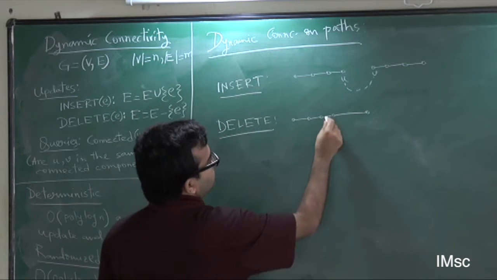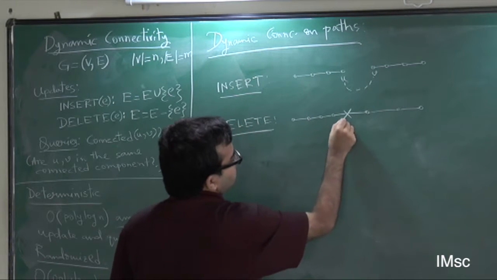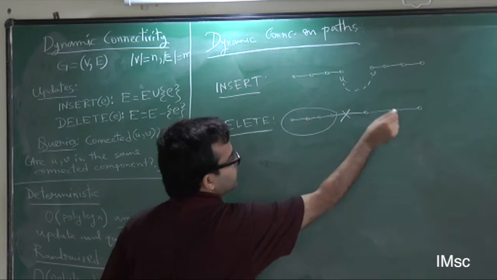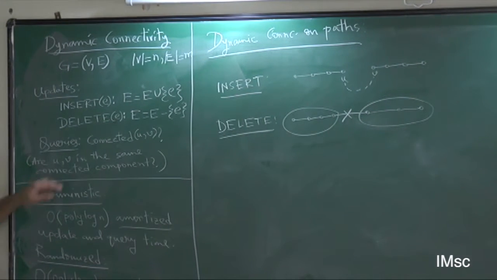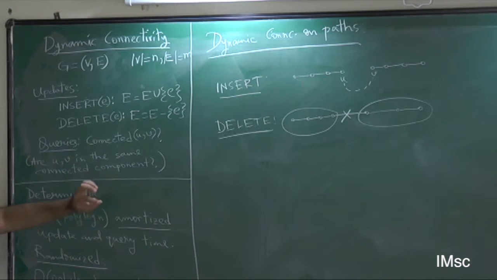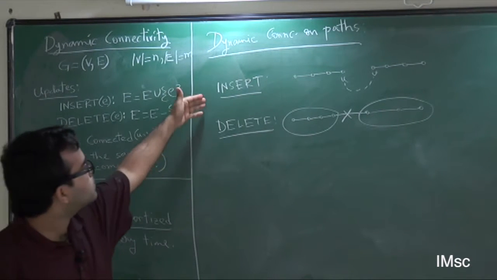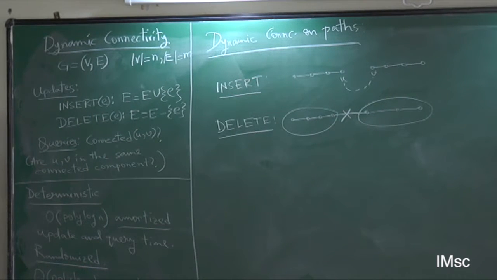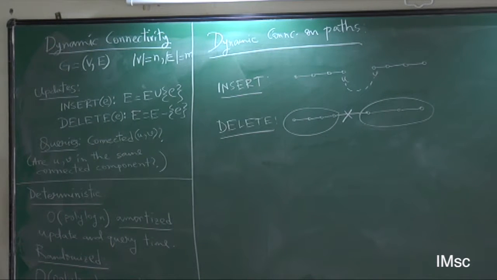You are given one path and now you are asked to just delete this edge, so that you will get two new components, this one and this one. And when the query comes, you just need to answer whether these two nodes lie on the same path or on different paths. So, now I claim that this problem you can solve if you have done an introductory course on data structures. Can anyone see the answer to this?